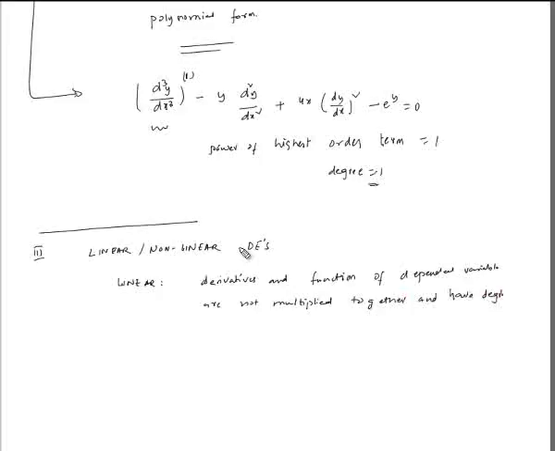Basically the derivatives of the dependent variable have degree 1, and the dependent variable and its derivatives are not multiplied together. Otherwise it is non-linear. If you have the product of the dependent variable and its derivatives, then it becomes non-linear.